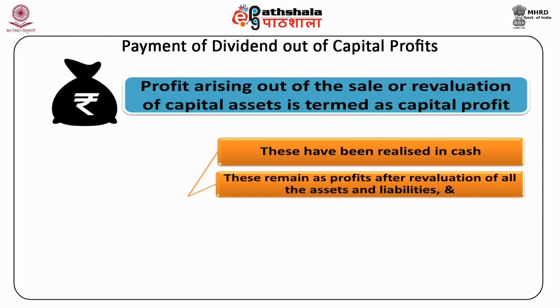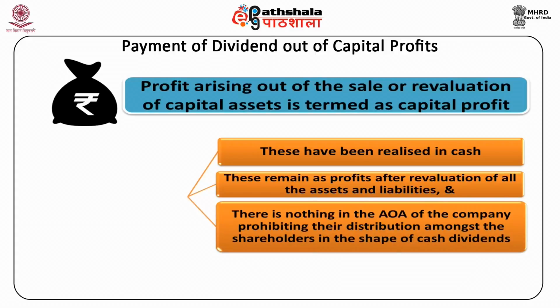B. These remain as profits after re-evaluation of all the assets and liabilities. And C. There is nothing in the Articles of Association of the company prohibiting their distribution amongst the shareholders in the shape of cash dividends.